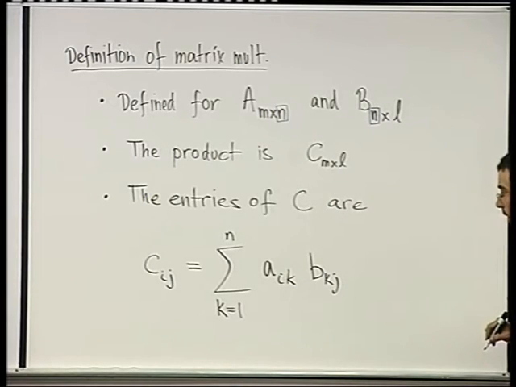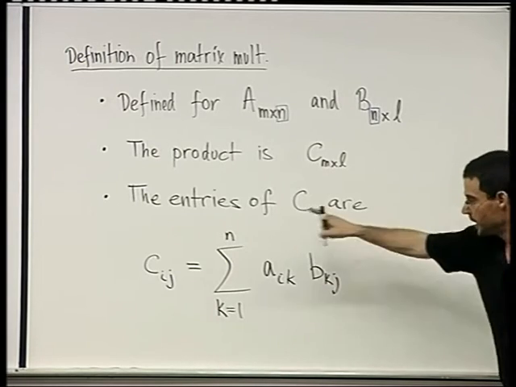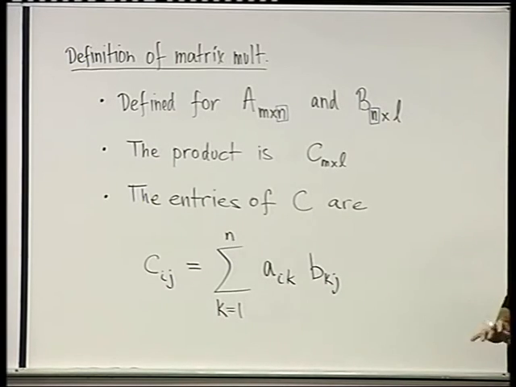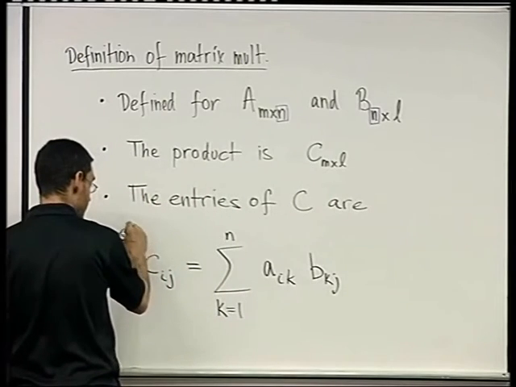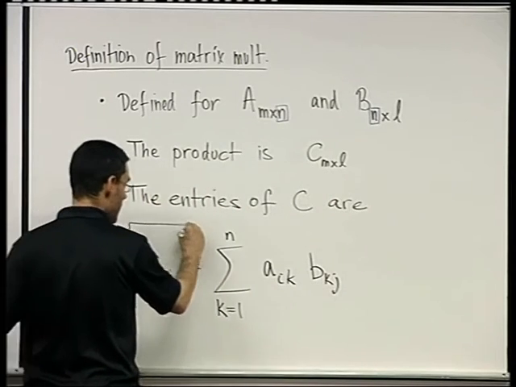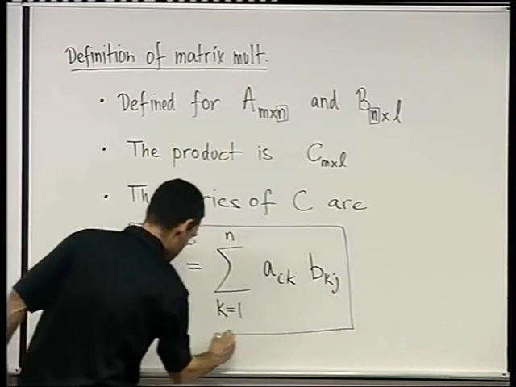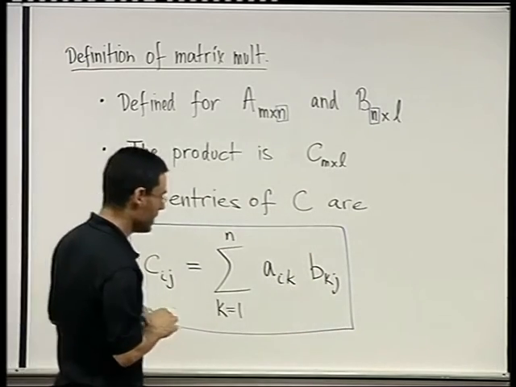Okay? So this I think is intimidating the first time you see it, but you should think for a minute and try to decipher it and see that this is precisely what we did in the example.